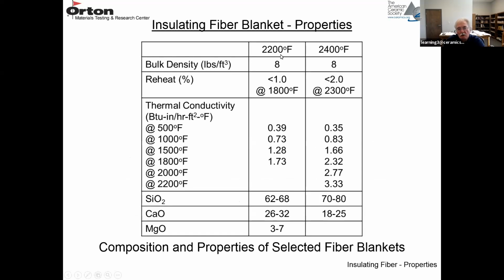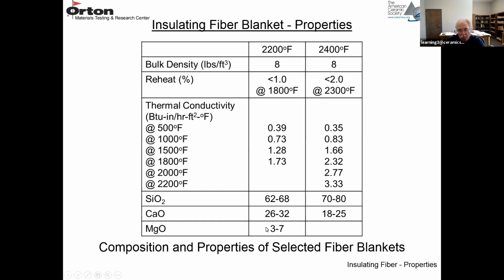And then a couple more at 2200 degrees F and 2400 degrees F. They're the same density, but they're different materials. This is the alkaline earth silicate, AES material. It's silica, lime, and MgO. And this is one without MgO, just silica and lime.